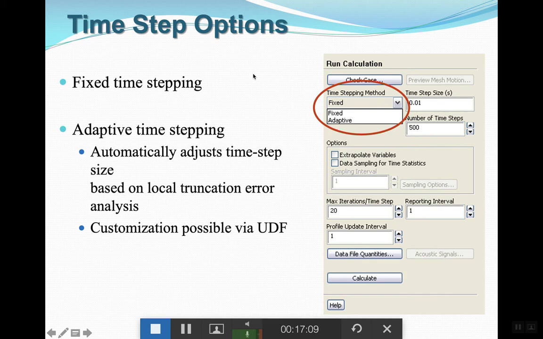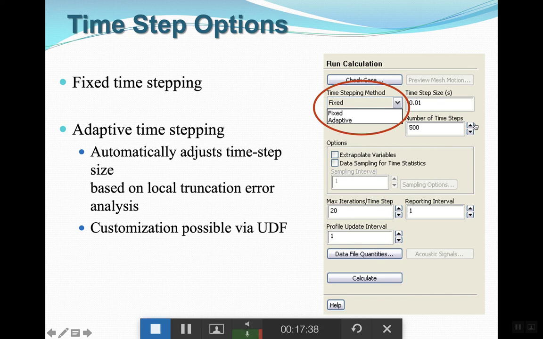In the initialization part, everything is similar to our steady state simulation. The only difference is you're not providing the number of iterations. You're providing time dependent parameters. You have to provide two things: time step size and number of time steps.